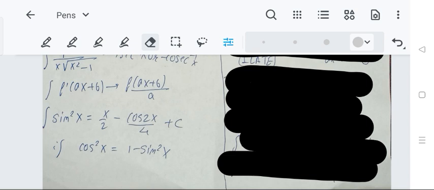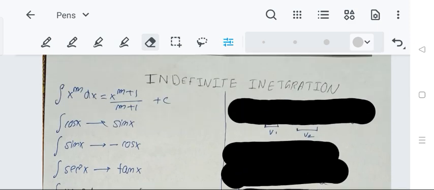And one more thing, here it is not cos, it is sine 2x. It is not cos 2x, it is sine 2x. And if cos square x comes, then just write cos square x is equal to 1 minus sine square x.